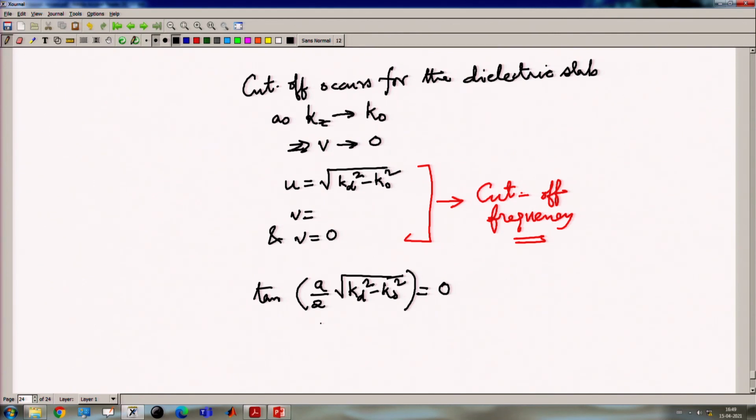Similarly, we can look at equation number 28, and from there we will obtain the condition cot of a by 2 root of k d square minus k 0 square equal to 0. So, this is for the odd TM mode, this is for the even TM mode.